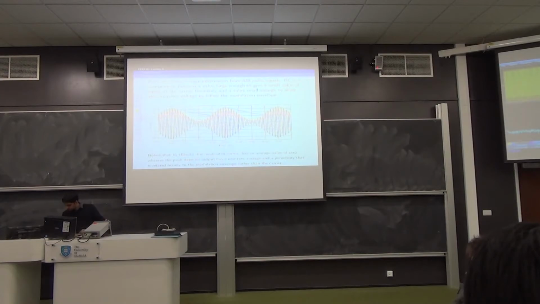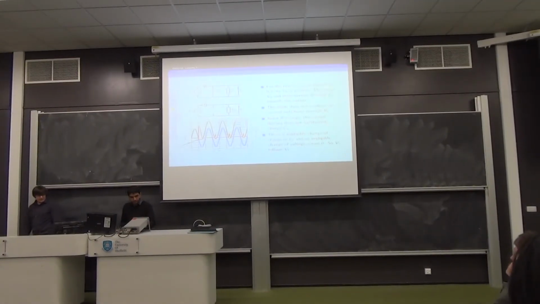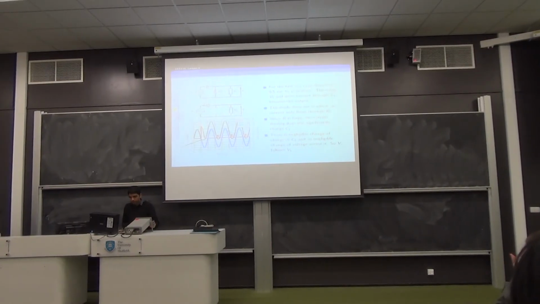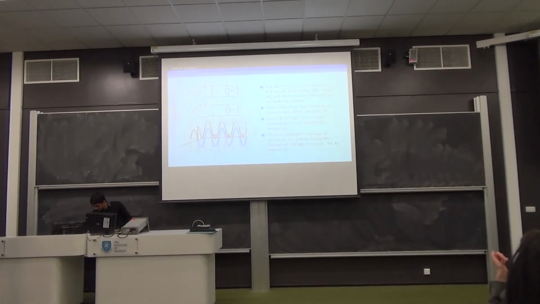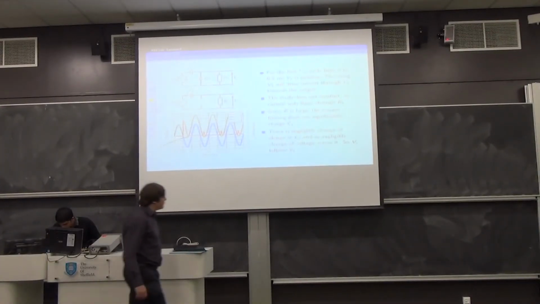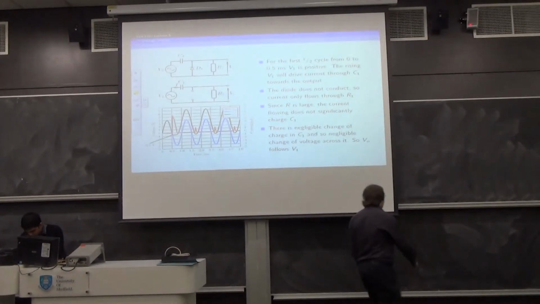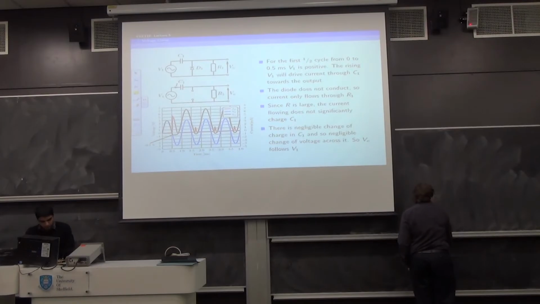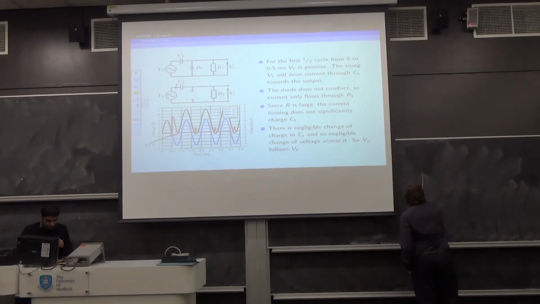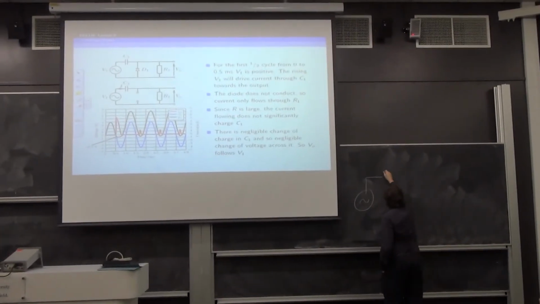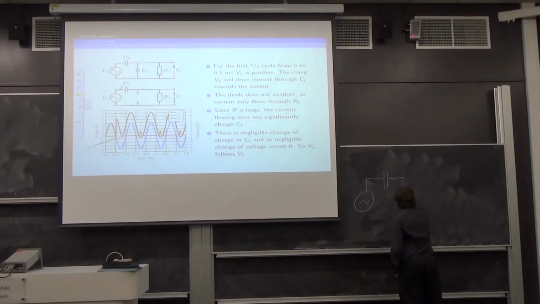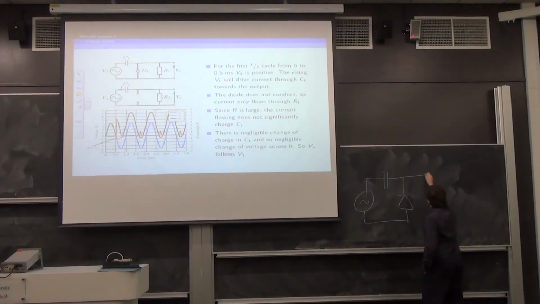Well, if I keep going through this lecture, there should be... There it is. So there it is, just while it's being set up. We had voltage source, and capacitor, and a diode, and a resistor.